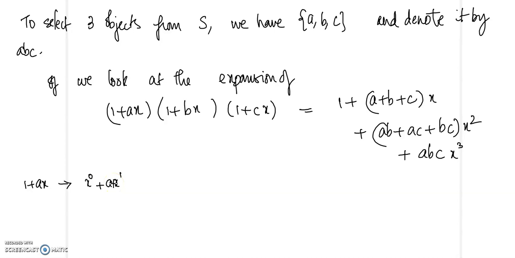Therefore, the exponent of x in a particular term indicates the number of objects in the selection. So x denotes that one object is selected at a time, x square denotes that two objects are selected at a time, and x cube denotes that three objects are selected at a time.